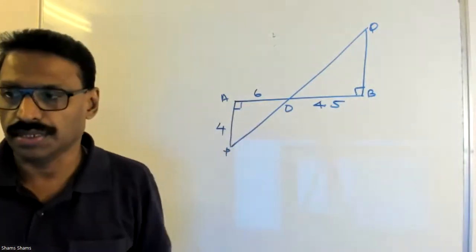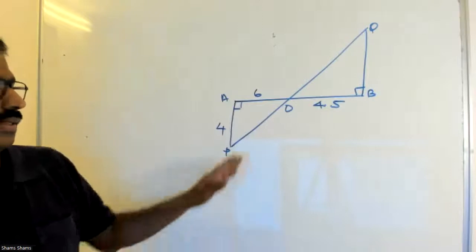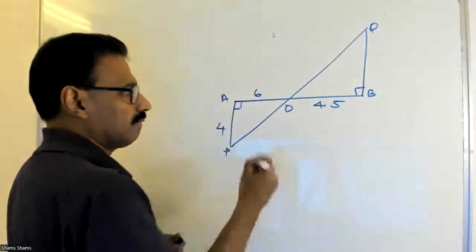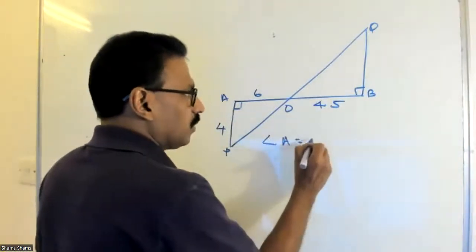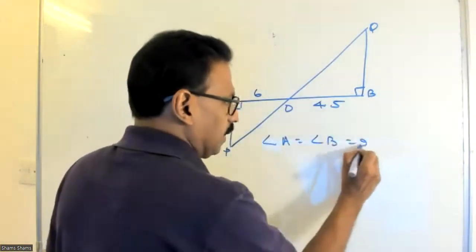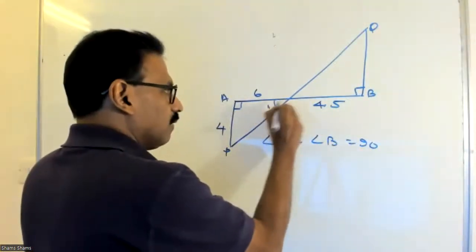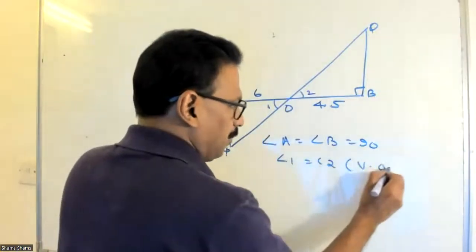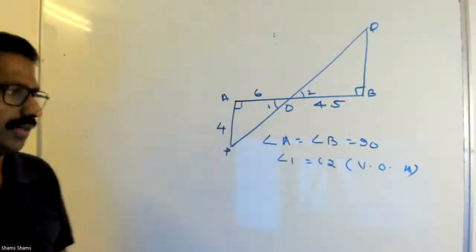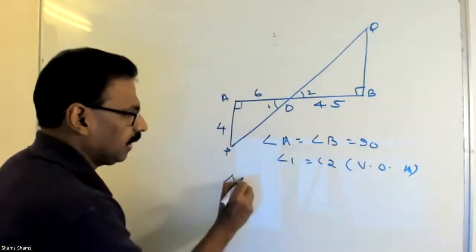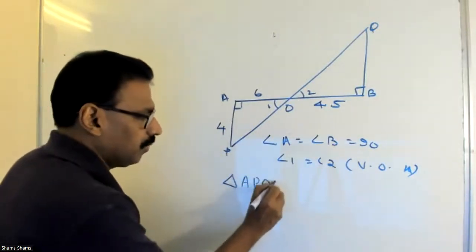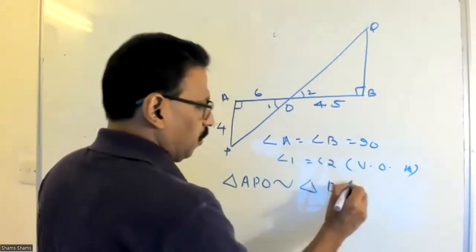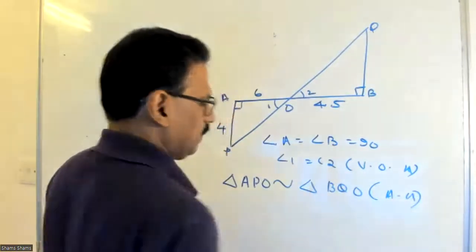Karishma, listen. You can try these two triangles are similar. Why? Angle A equal to angle B equal to 90. Then angle 1 equal to angle 2, vertically opposite angles, right? Therefore, triangle APO similar to triangle BQO, AA similarity.